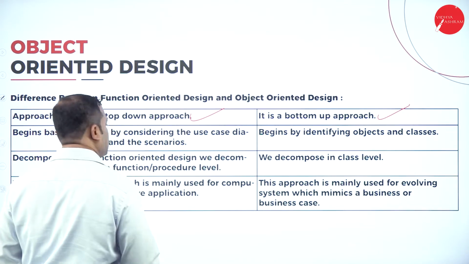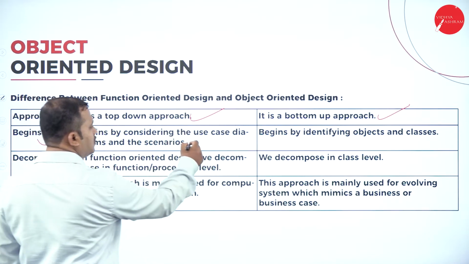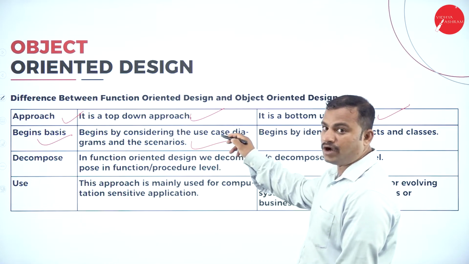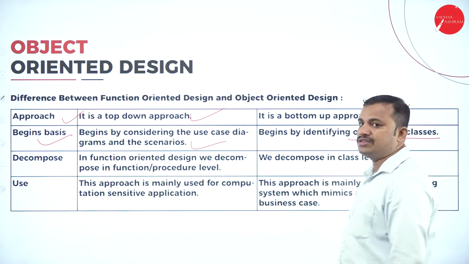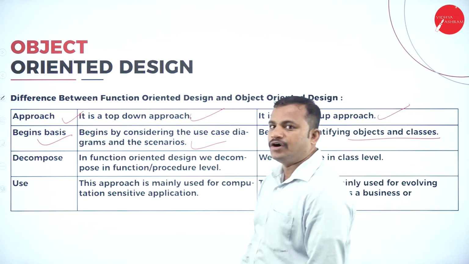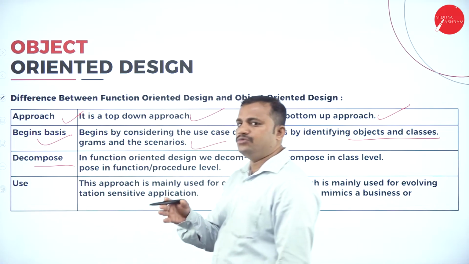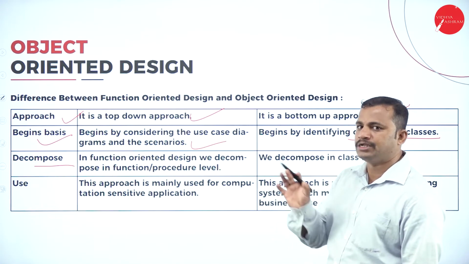With respect to the criteria, the design begins by considering the use case diagrams and the scenarios. That means the diagrams used in function-oriented design are use case diagrams. By identifying the objects and classes, the functionality of this begins. Decompose: we need to divide the big problem into smaller subproblems, that is modularity.